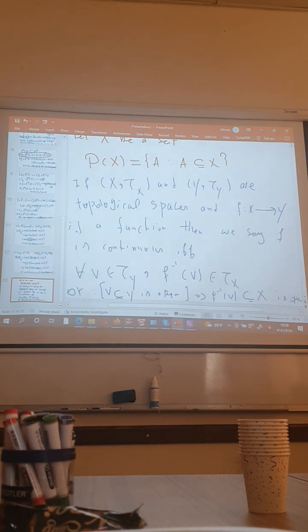Please note that any element of a topology is called an open set. So this is equivalent: if V is open in Y, the inverse image of V is open. And you know what the inverse image is.